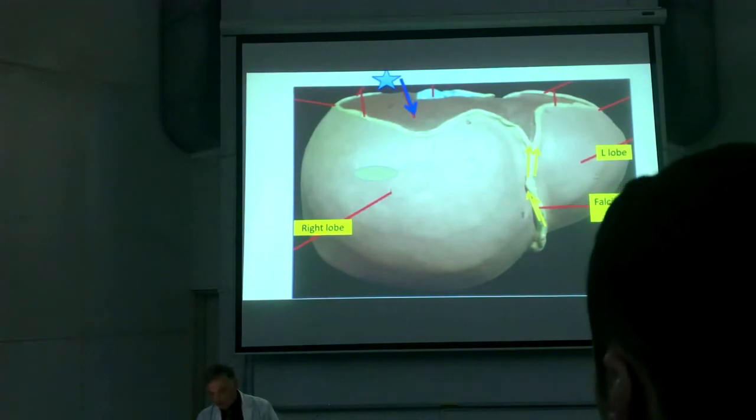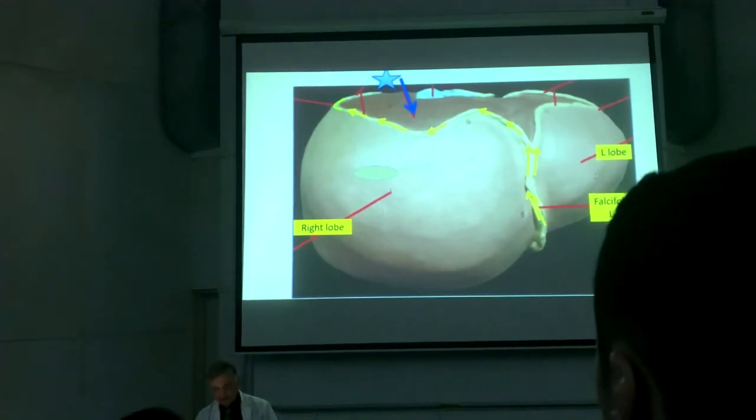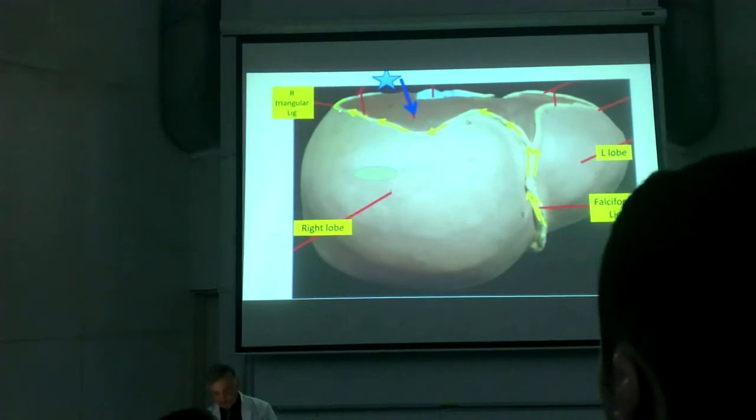Look what is going to happen here. It splits. The right fold will go around and then turns back. This is called the triangular ligament because it is triangular in shape.